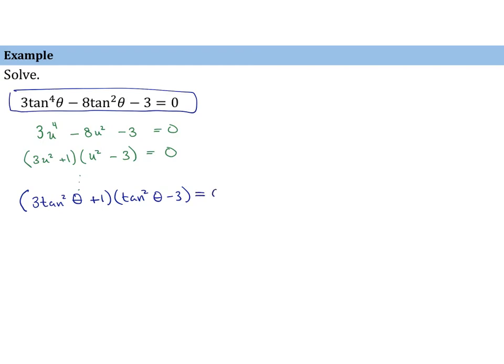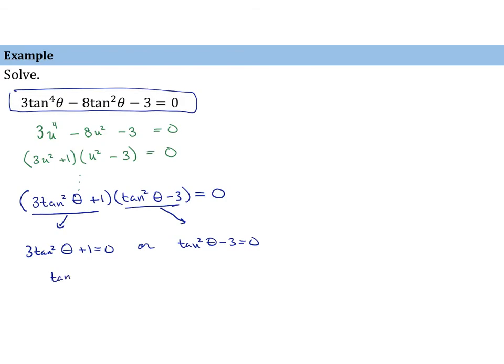Don't forget the equal 0. Now we can set each one of these equal to 0. So we have 3 tangent squared of theta plus 1 equal to 0, or tangent squared of theta minus 3 equal to 0.